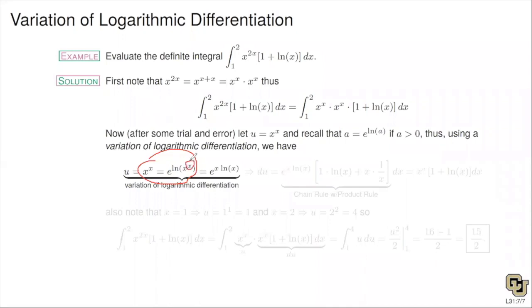Then using properties of the log, I'm going to bring this exponent down in front. So then I have x to the x equals e raised to the x ln of x. This is the variation I'm talking about, where I'm rewriting it as e to the ln of x raised to the x, and then using properties of the log to bring down the x that was in the exponent.